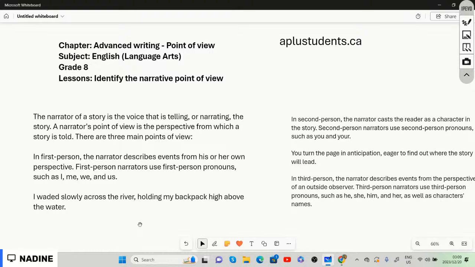So there are three main points of view, right? We have first person, and then we have second person, and then we have third person. So when it comes to first person, the narrator describes events from his or her own perspective.